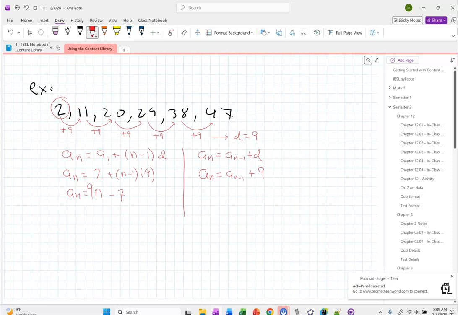Because if I want to find the next term, I need the previous term to do that, so I have to have an initial value somewhere along there. So in this case, we also need to list that the first term is 2. Everybody okay with that?